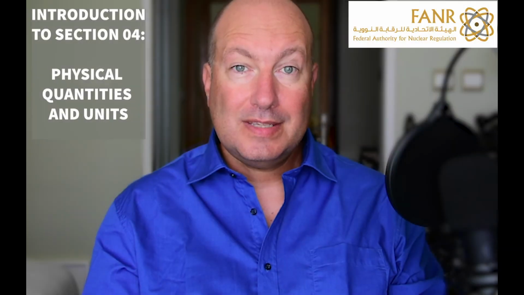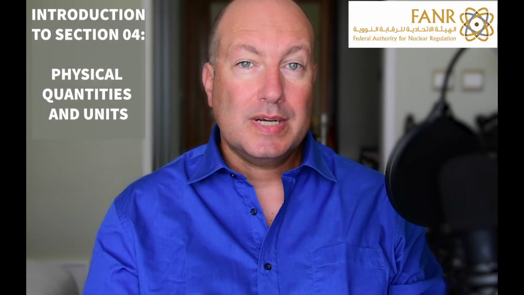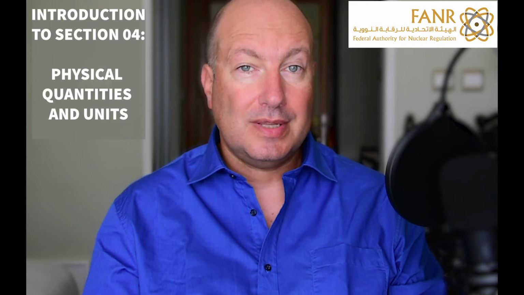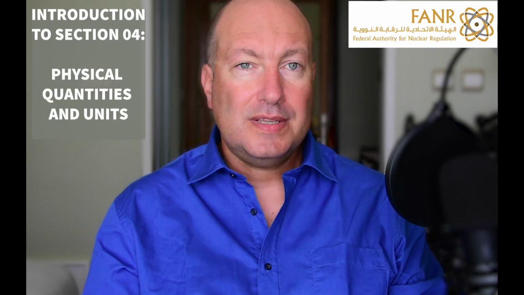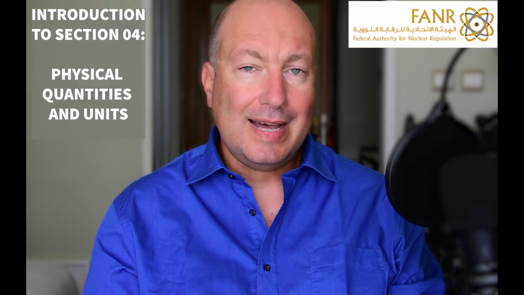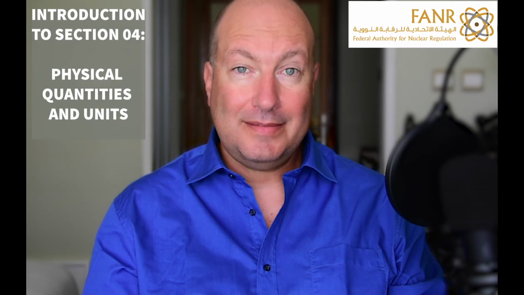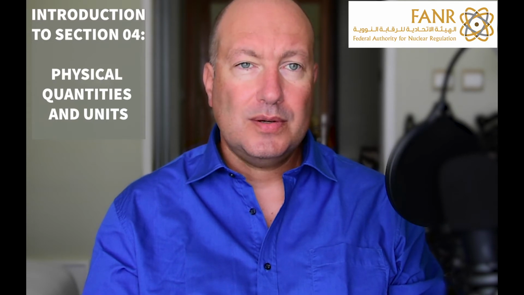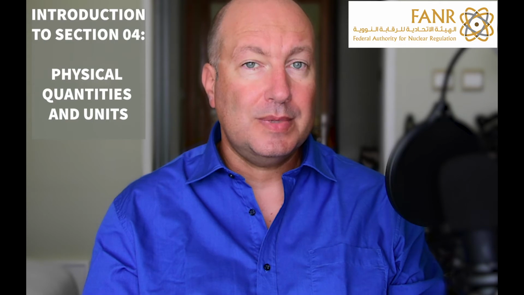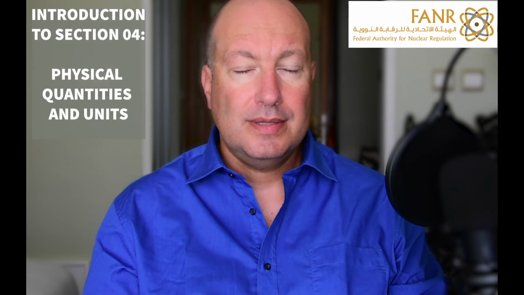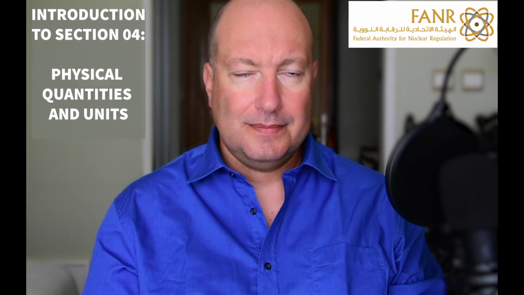At the beginning of this section, we are going to explore the definition and the meaning of quantities which are used also out of radiological protection. For example, activity, for example, fluence, quantities which can be used for radiation measurements in metrology or in other fields.